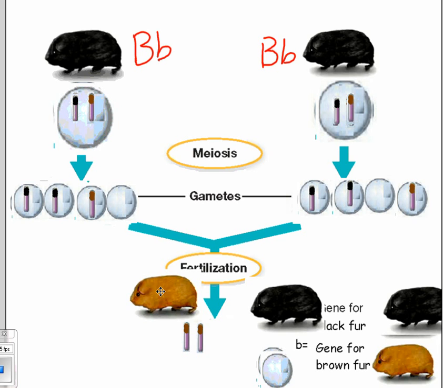So every single time we have another child, we get to start off with the same haploid cells. So every single time you have a child, you're going to have the same percentage of probability or chance of certain characteristics. We'll keep going.